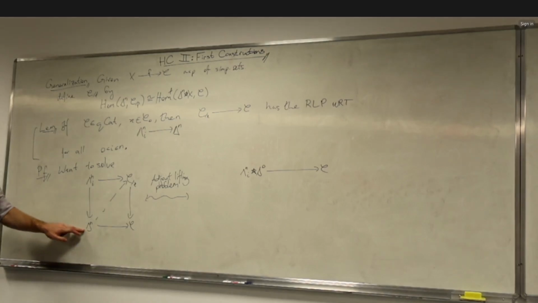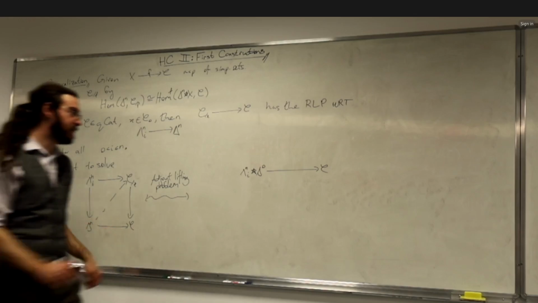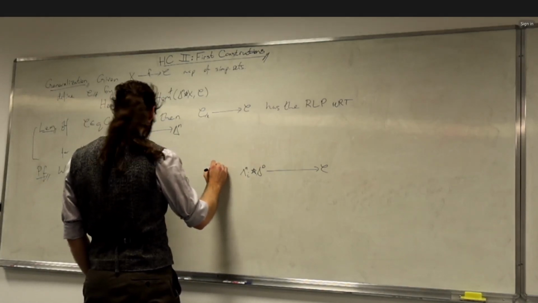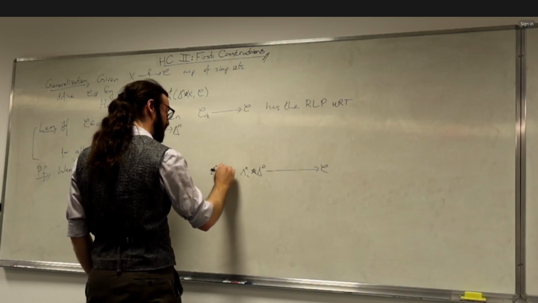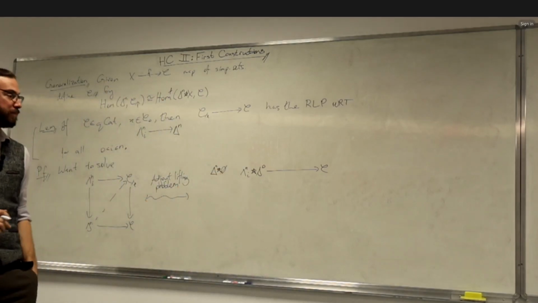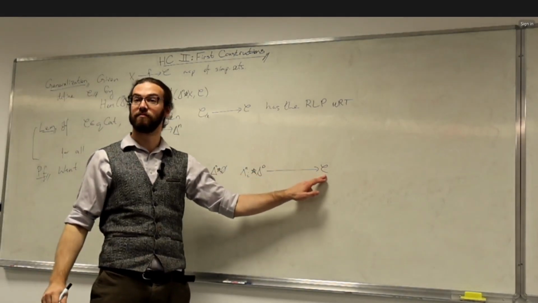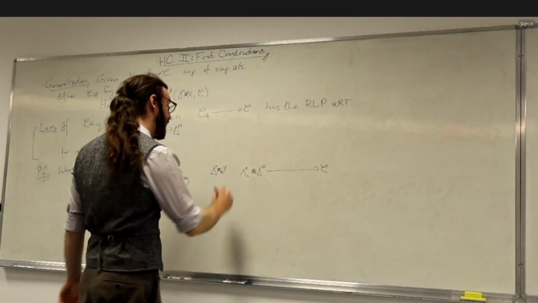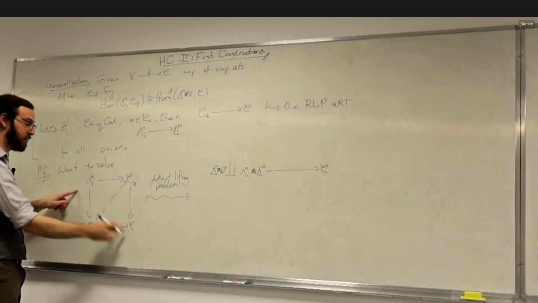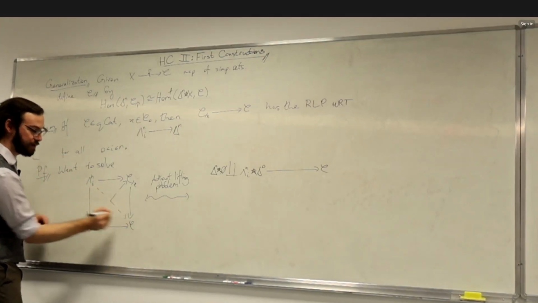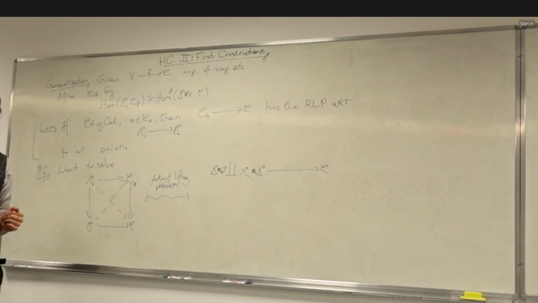And then this bottom map from delta n to C is the same thing as a map from delta n join with the empty simplicial set to C. And then the fact that this diagram commutes means that both composites down to here agree.